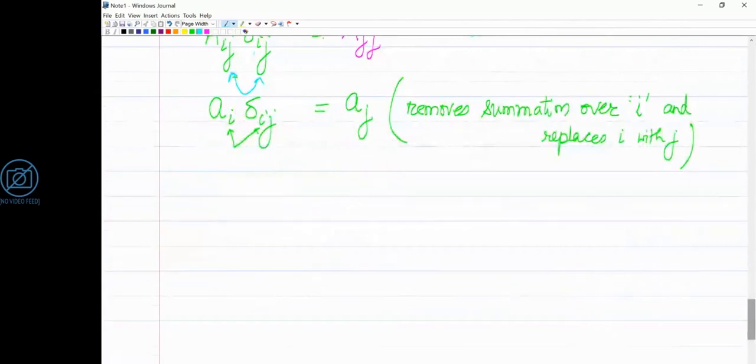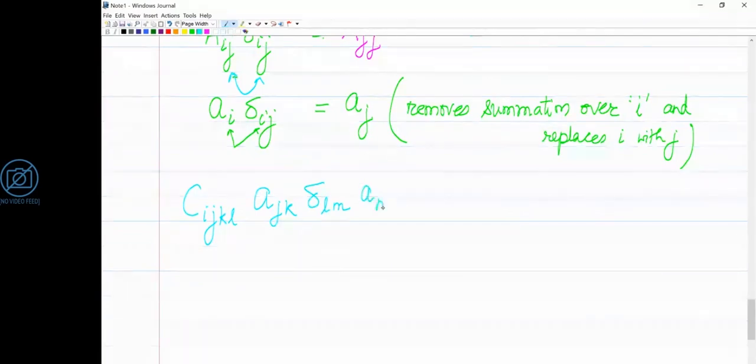Similarly, suppose you have C_ijkl into, let's say, A_jk into Kronecker delta_lm. And let's say there's another one, which is A_mi.